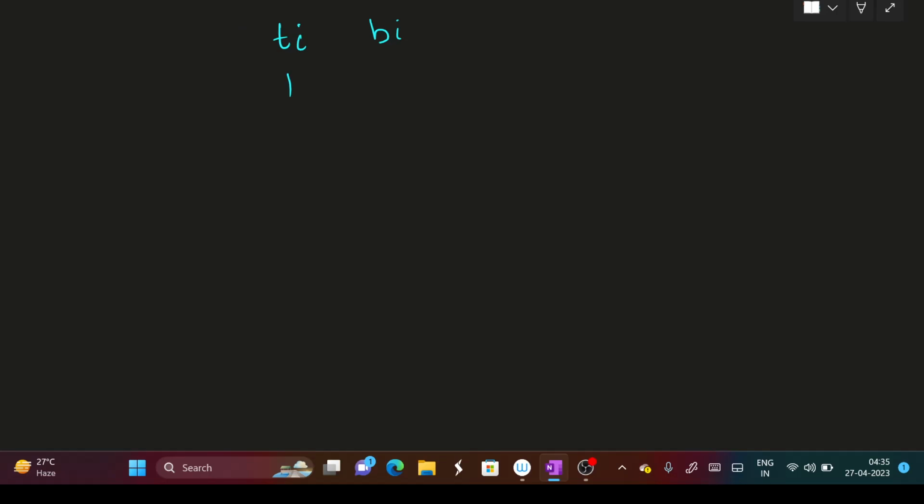Only this much will be given and directly I can find out my x cap, that is, C cap, D cap, or CD directly we can consider.